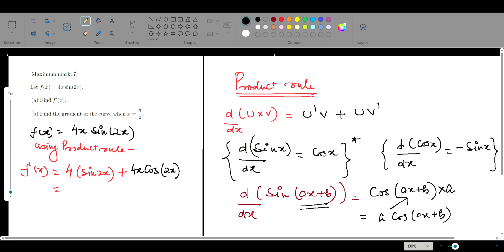Now we also need to differentiate the 2x, that will be 2. So the final result will be 4 sine 2x plus 4 times 2 is 8x cos 2x. This is the differentiated function. This is also called the gradient function, as we know. Rate of change.